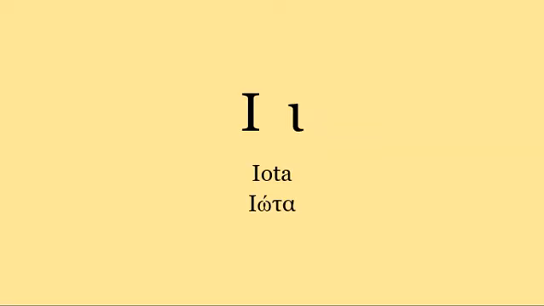Next we have iota. Again, iota. This is the second letter that's pronounced E, usually. It can also be in diphthongs, and that'll change things, but for now, just by itself, iota is pronounced E, just like eta as well.